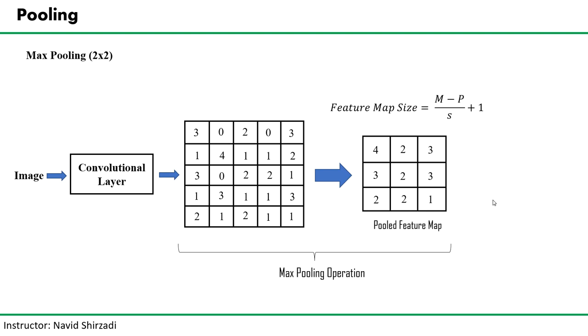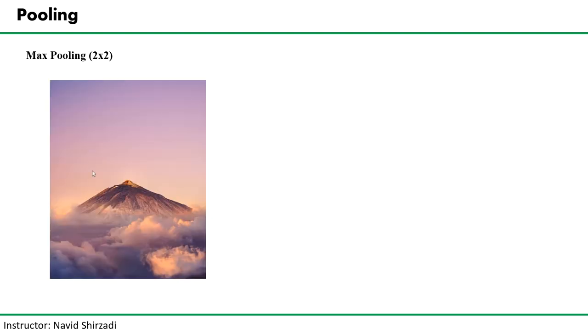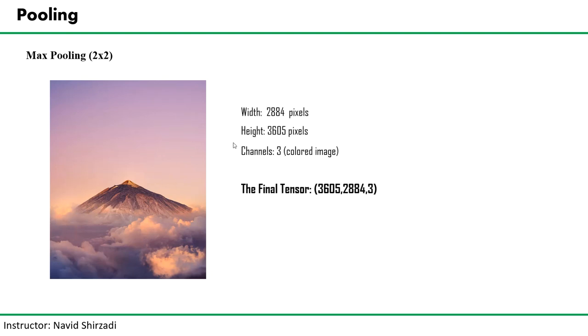Before we close this pooling part, just for your information, to give you some insight into how essential pooling is, imagine that I showed you this image before. If we check the properties of this image, its width is about 2,884 pixels, while its height is 3,605 pixels.